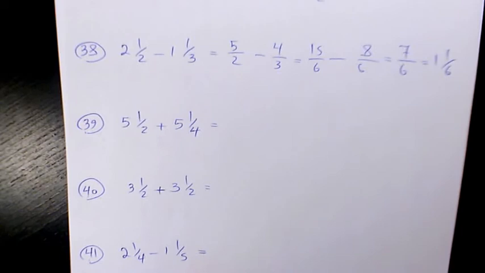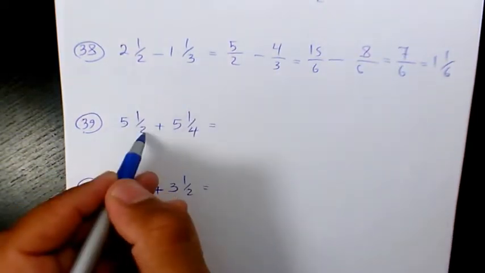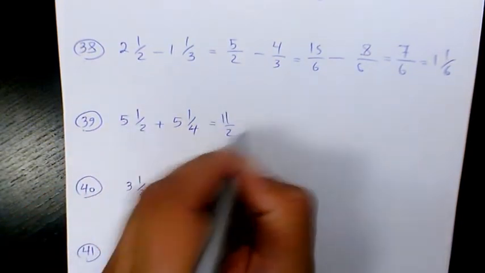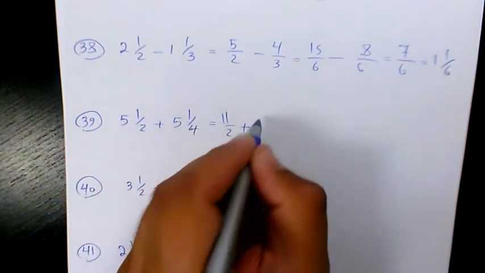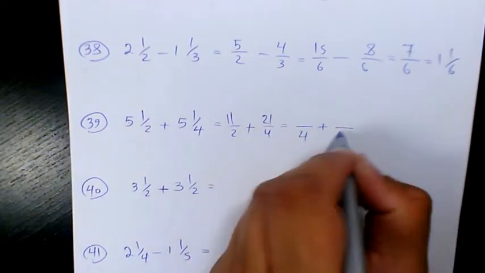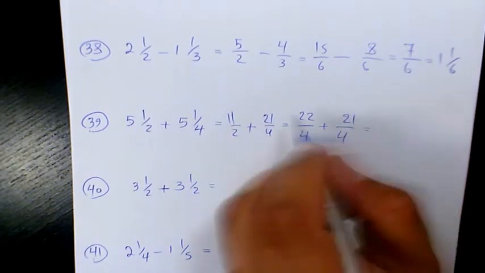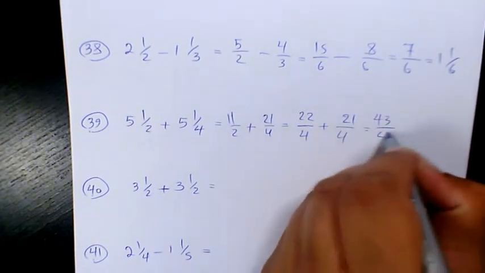Next one. 5 1/2 plus 5 1/4. 5 times 2 plus 1 is going to be 11 over 2. 5 times 4, 20 plus 1, 21 over 4. Common denominator is going to be 4. 11 times 2, 22. Here we have 21. When you add them, it's going to be 43 over 4.